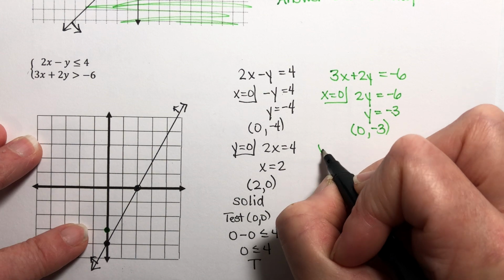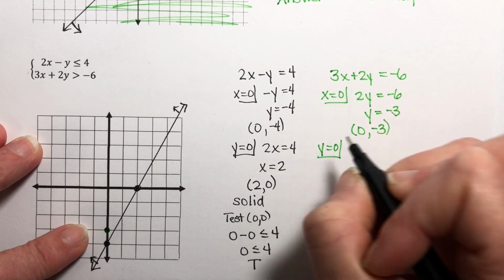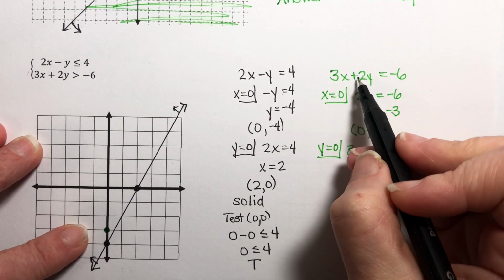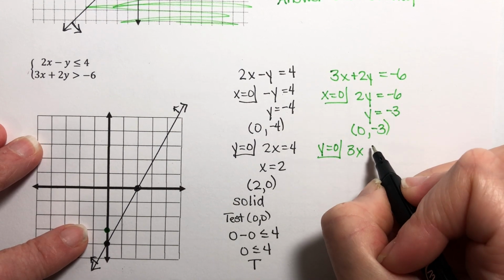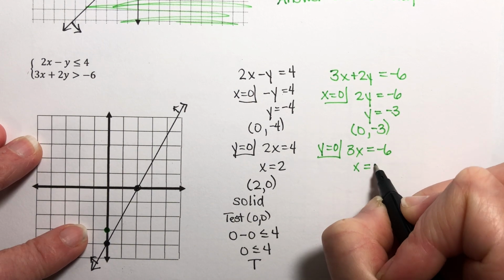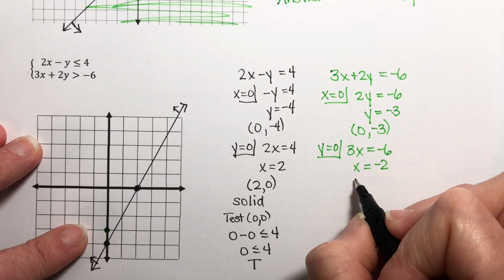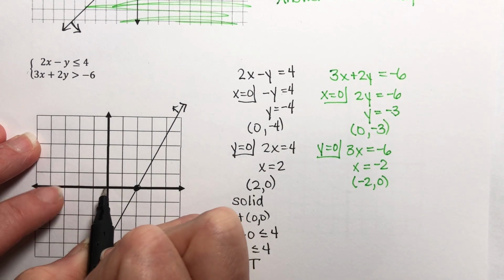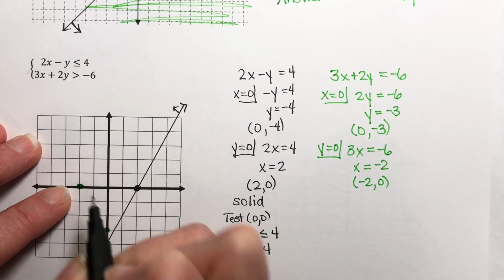Now let's use y equals 0. That will give me 3x plus 2 times 0, which is 0, is equal to negative 6. Divide both sides by 3, and you get negative 2. So that gives me the point negative 2, 0. Negative 2, 0 is right here.